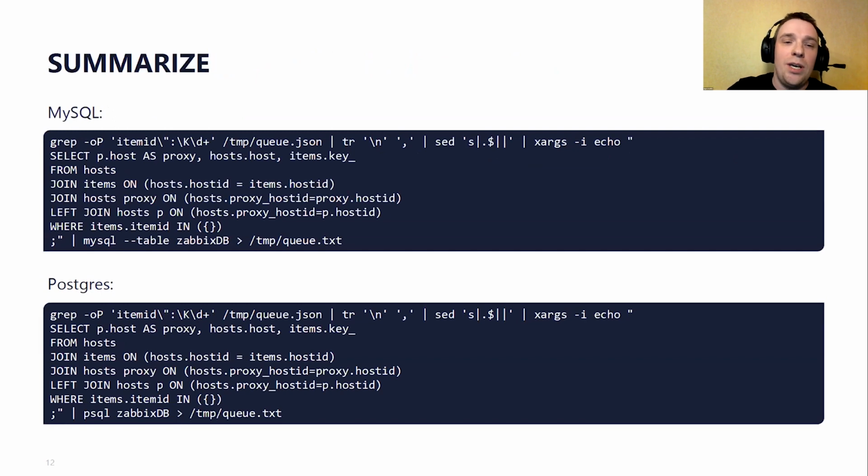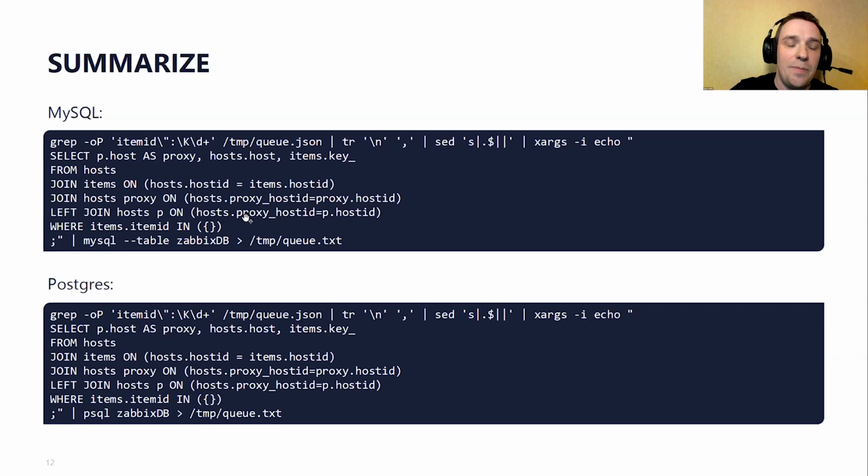What we are doing is first reading the queue.json file and extracting every ID. We need to know only the ID, and it will be ID, comma, different ID, comma, next ID, comma, and you can group millions of IDs together with a comma separator.